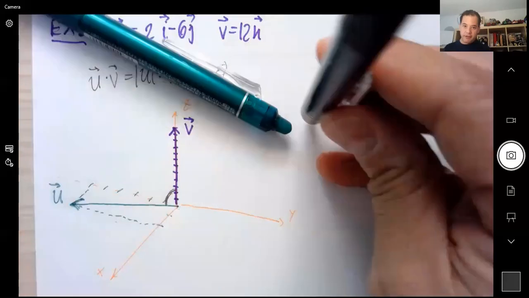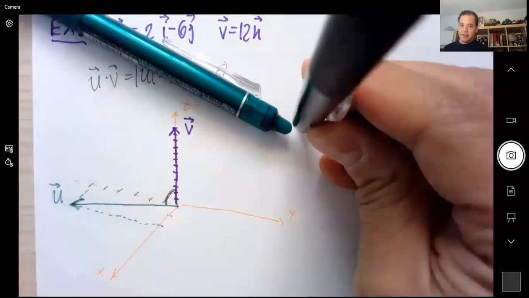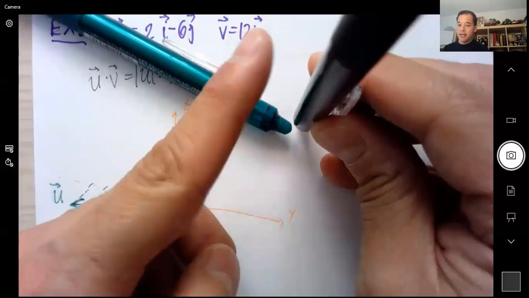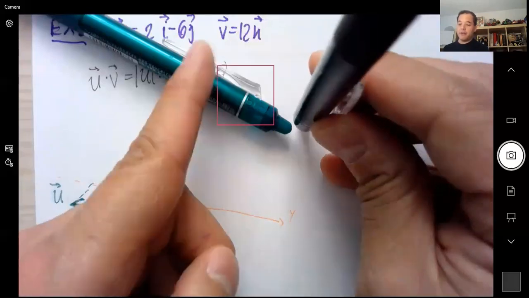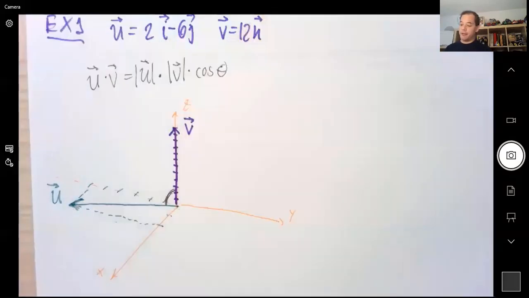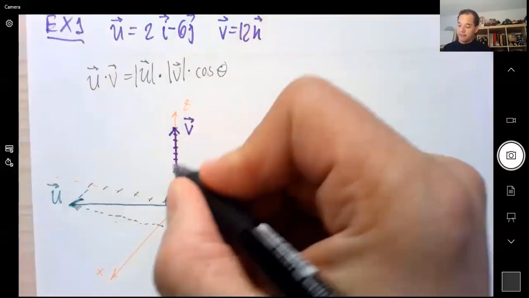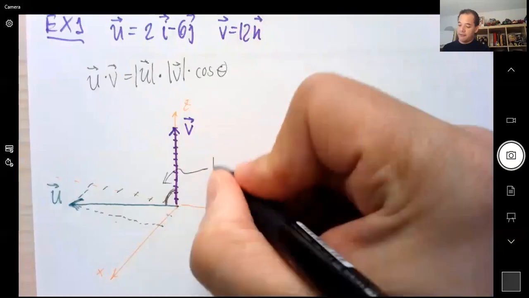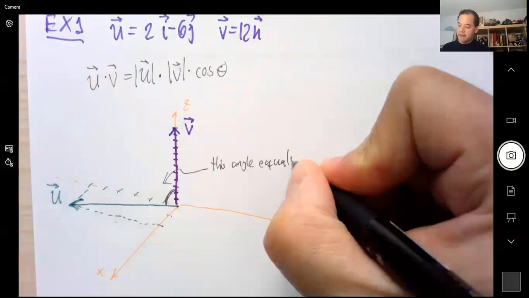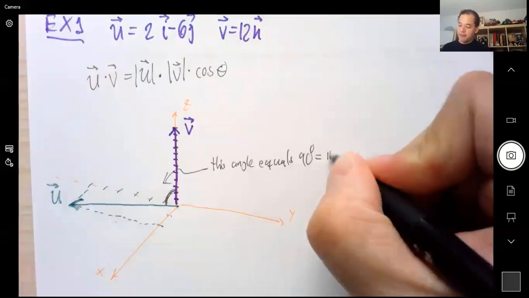It's like this one here, right? So what is this angle over here? 90 degrees, right? So we were really, really lucky. That's the only way we could have done this problem, as a matter of fact. So we were extremely lucky. This angle equals 90 degrees, so pi/2 radians.